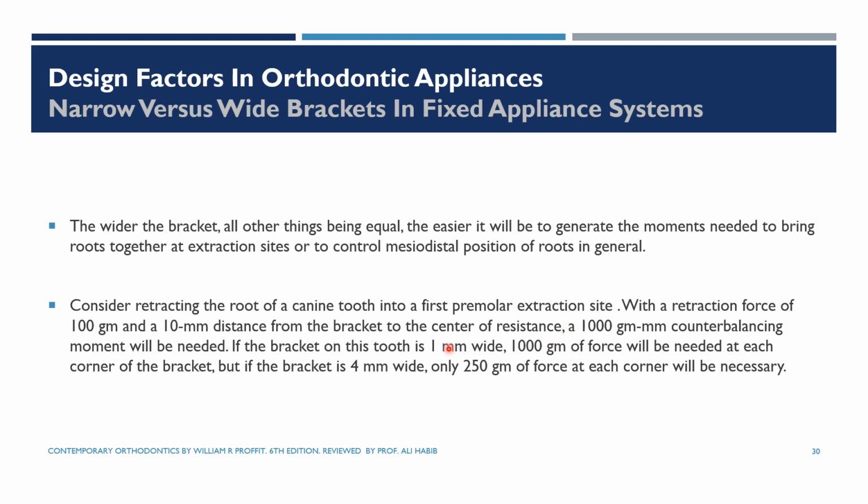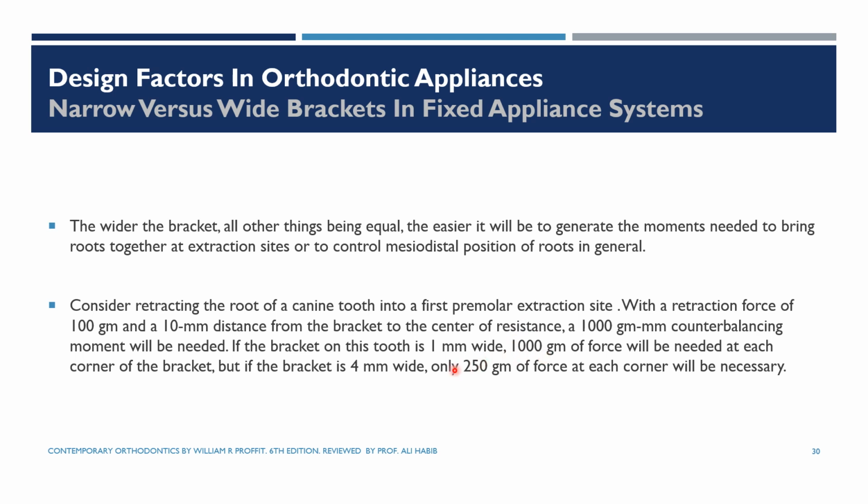With narrow brackets, which are 1 millimeter wide, in order for you to create a moment, you have to use a force of 1000 gram, because as I said, the moment of the couple can be calculated by measuring one of the forces times the distance between them. So if the distance between the two edges of the bracket is only 1 millimeter, the total force needed is 1000 gram, which is very difficult to apply. You need a large force.